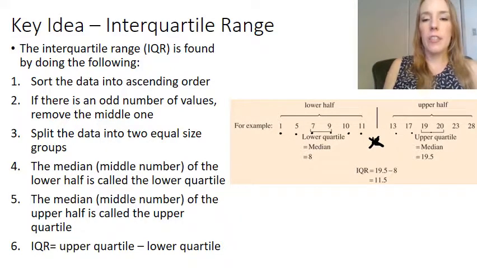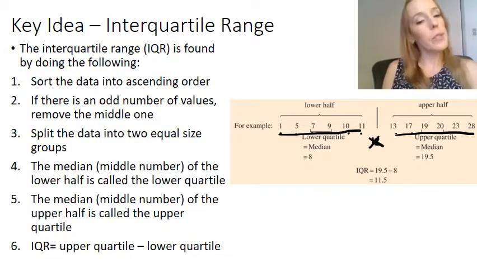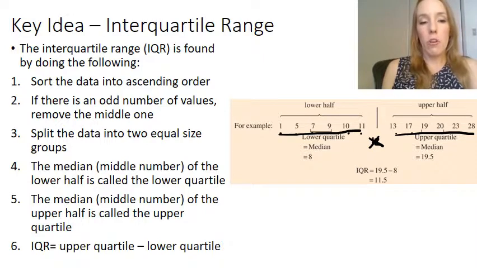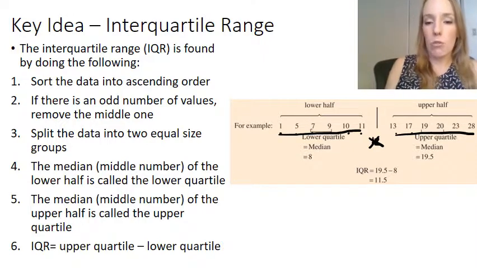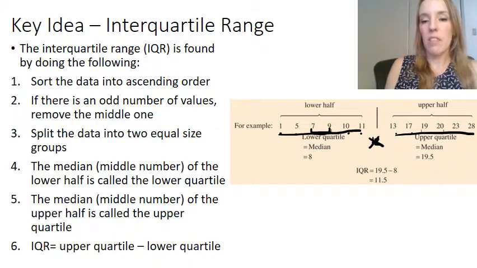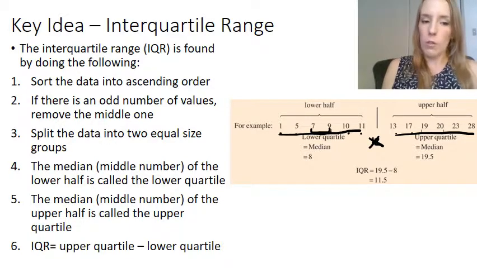Then we split it into two equal size groups. You can see here, this side and this side both have the same number of numbers. From there, we find the median of each side. The median is the middle number. And remember, if there's two middle numbers, we find the mean of those. The mean of 7 and 9 is 7 plus 9 divided by 2, which is 8, which gives us our median, and that is called the lower quartile.